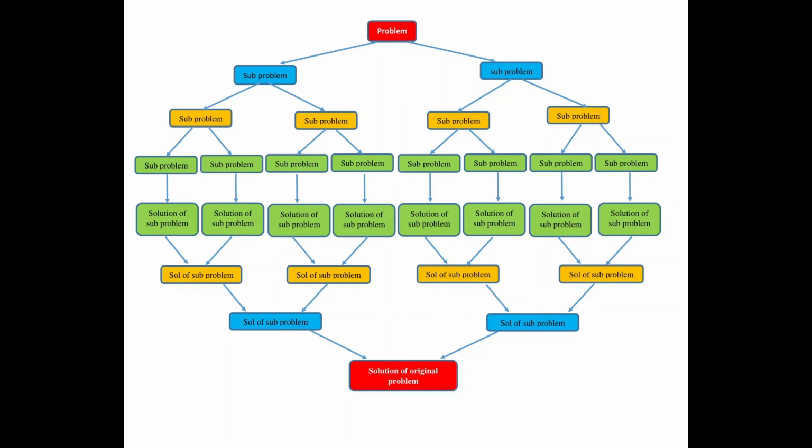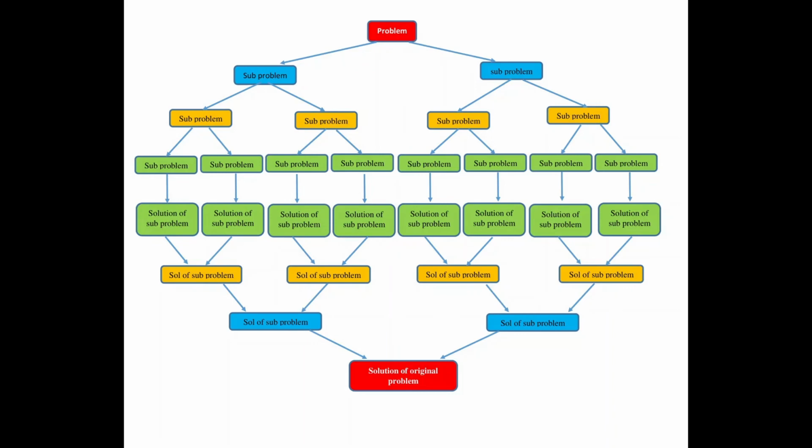Another example. Here the problem size is 8. First, n is divided into 2 subproblems. Now the size of the 2 subproblems is 4. In the next step, the 2 subproblems are again divided.